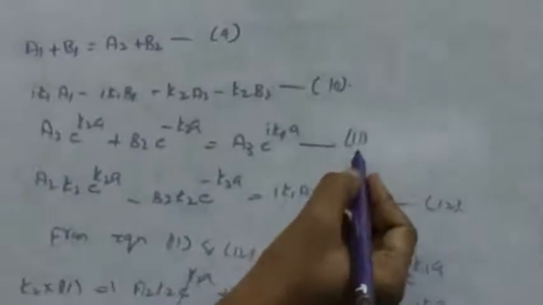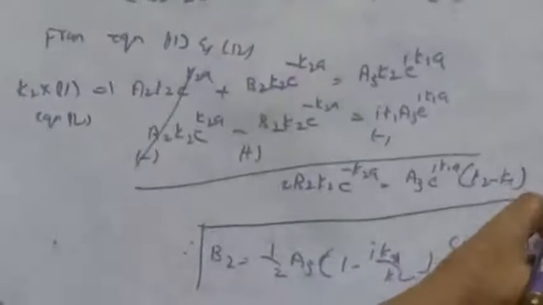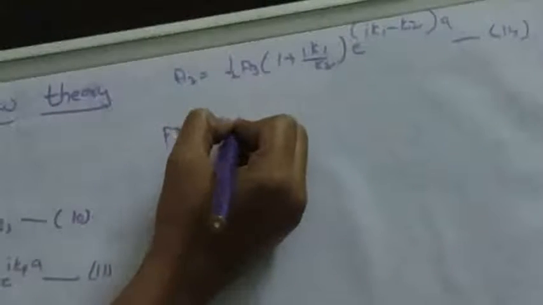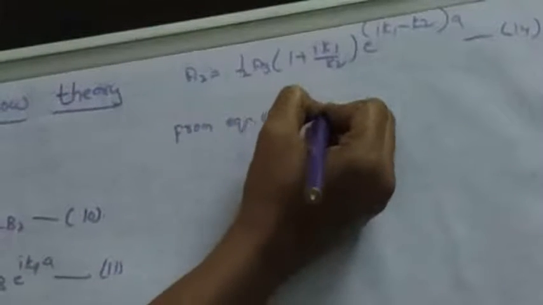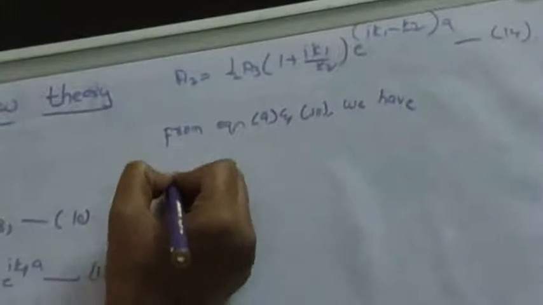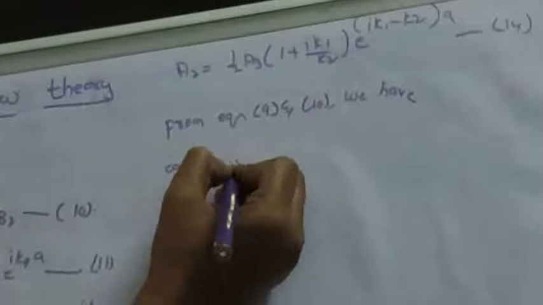Now from equation 9 and 10. By considering equation 11 and 12, we have got the B2 value and A2 value. Now by considering 9 and 10, we are going to get the A1 value. So from equations 9 and 10, now multiply equation 9 with ik1.